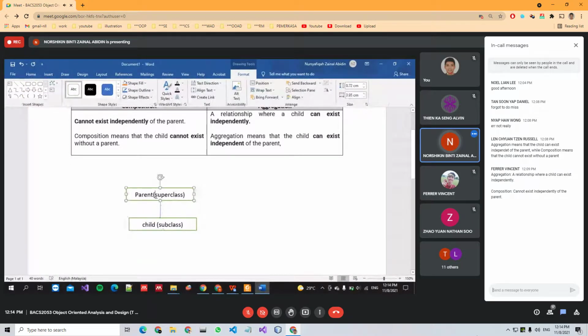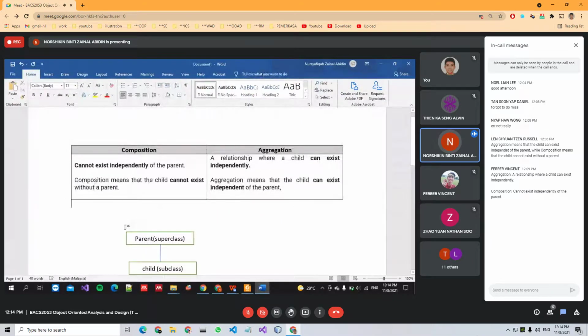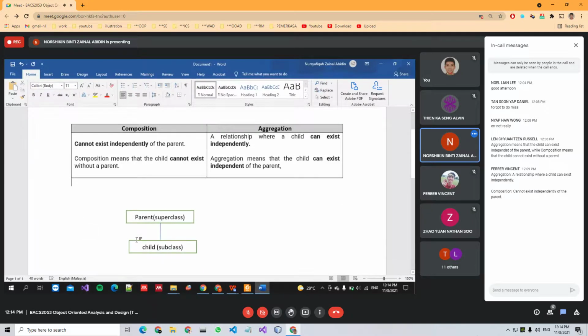Referring to this concept of composition, the child cannot exist without the parent. That means if I remove or delete the superclass, the subclass will be deleted too. So this subclass is dependent on this superclass.